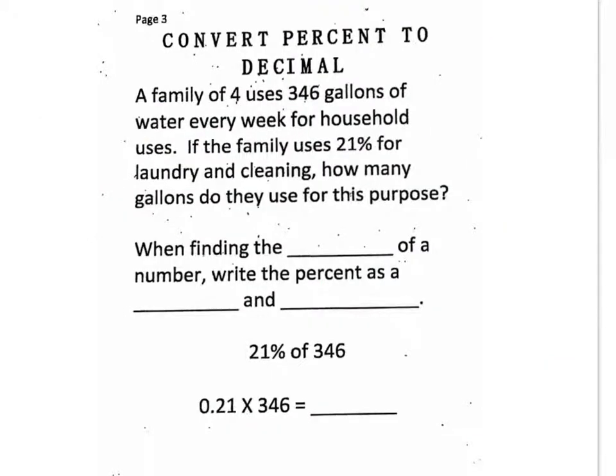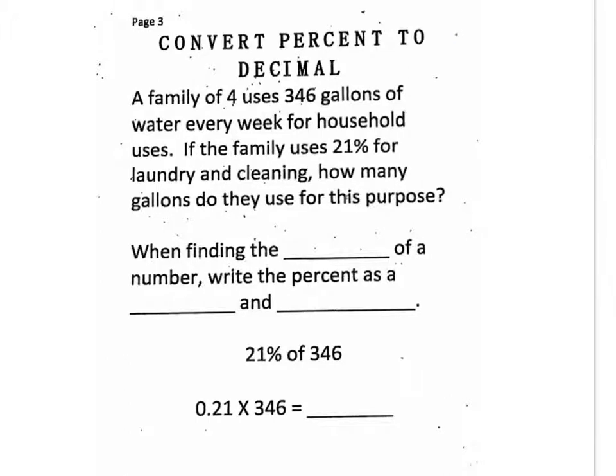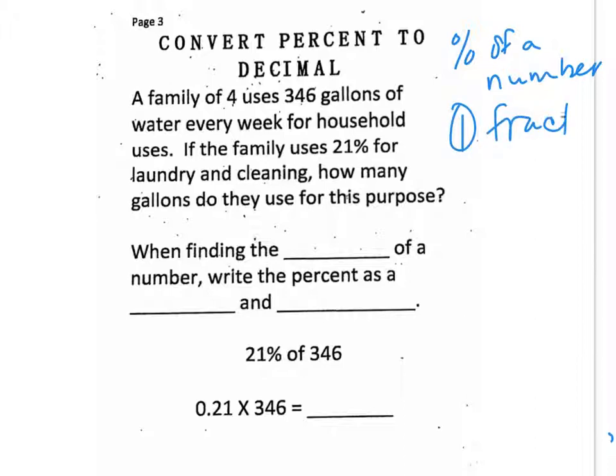Okay, now this section for you guys should be a review because we have done percent of a number. So when we do that, remember there are two ways. One, change it to a fraction. Two, change it to a decimal.